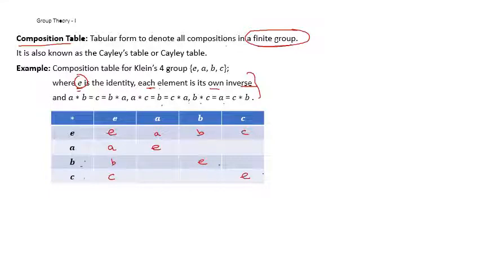And what is A star B? It is given as C. And what is A star C?